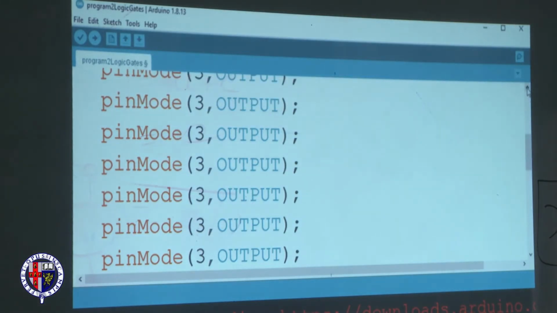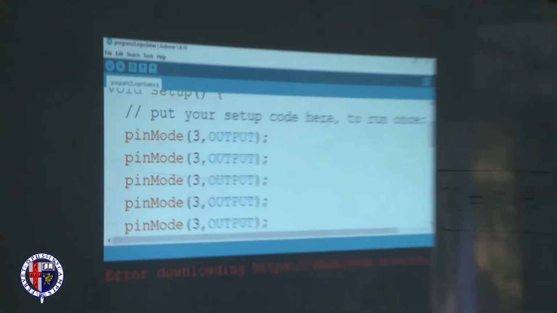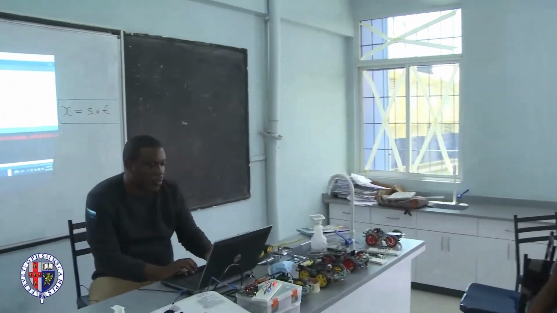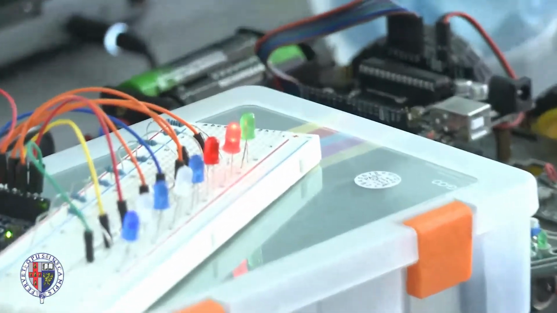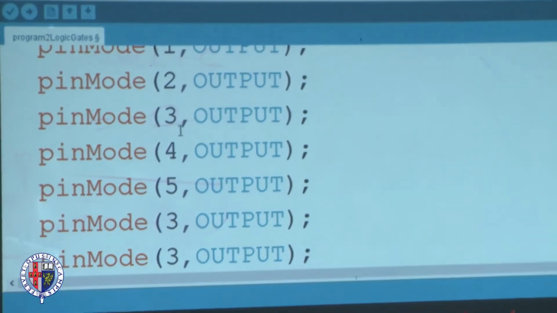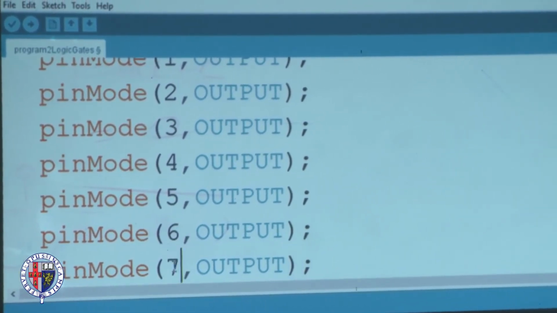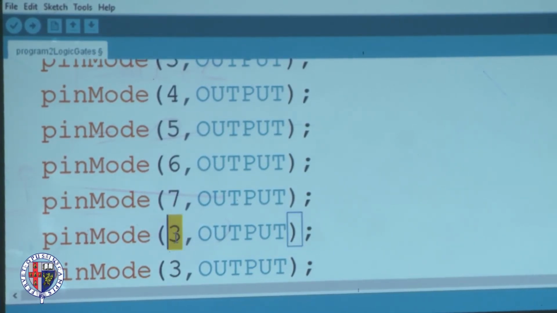Alright, so I have 8. I've connected from pin 1 to pin 8, so that's what you're going to see here. So 1, 2, 3, 4, 5, 6, 7, 8.